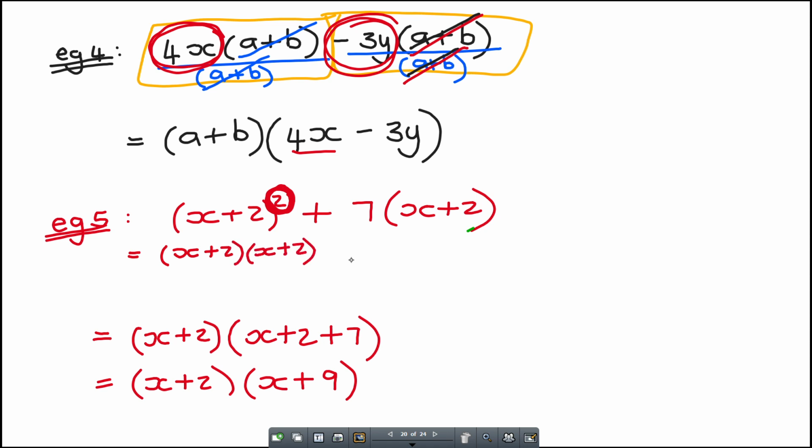Then plus 7, x plus 2. You good so far? Then we chose our common factor of x plus 2. So if I take this away, what would be left? The x plus 2. Do you see? If I take this away, what would be left? Plus 7.